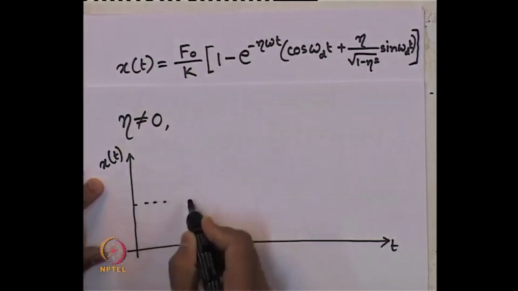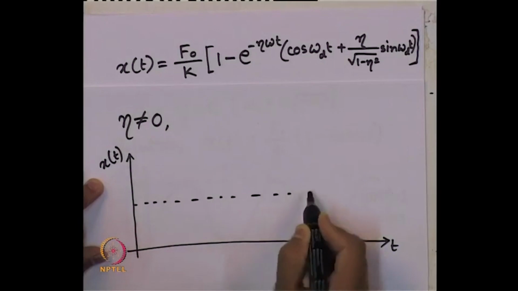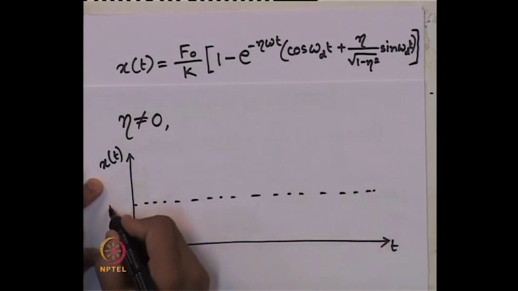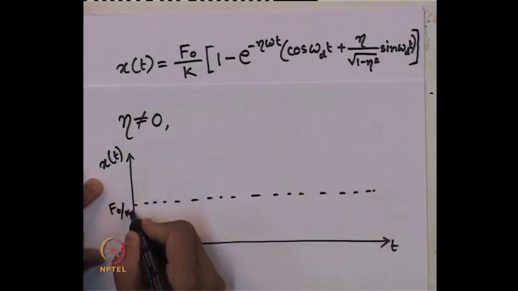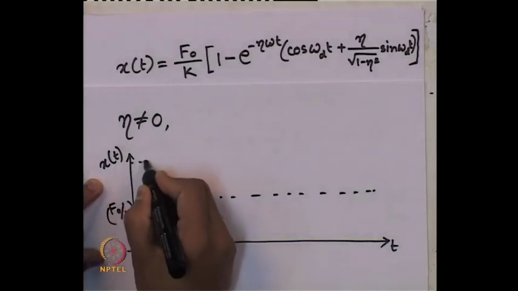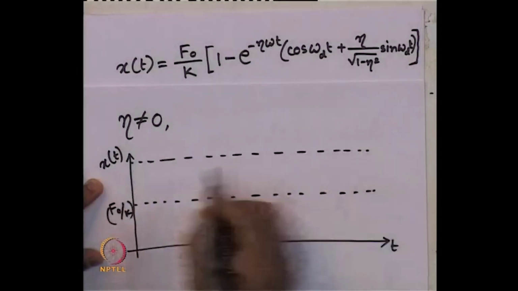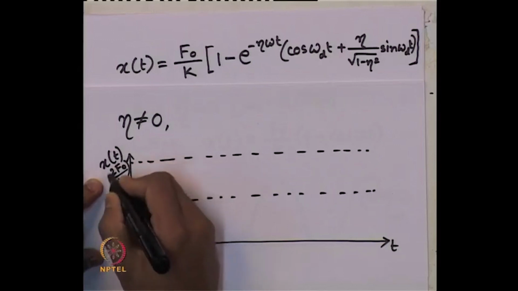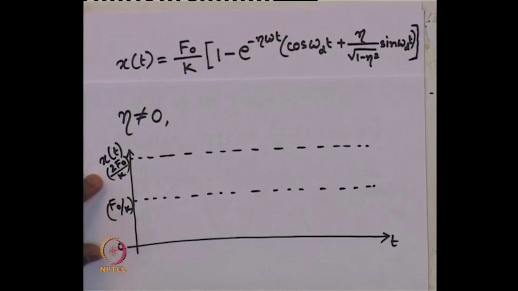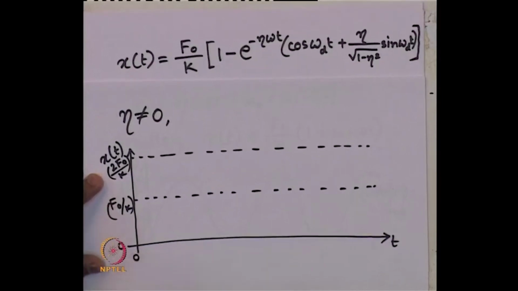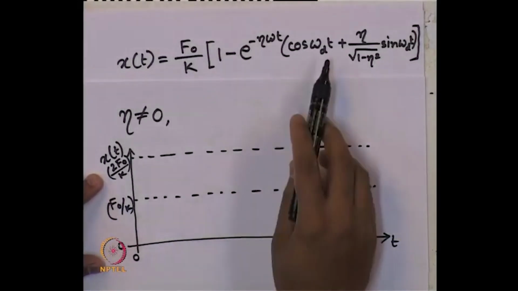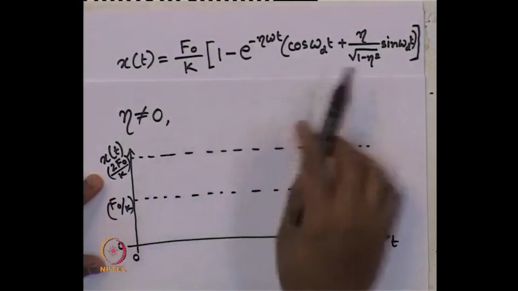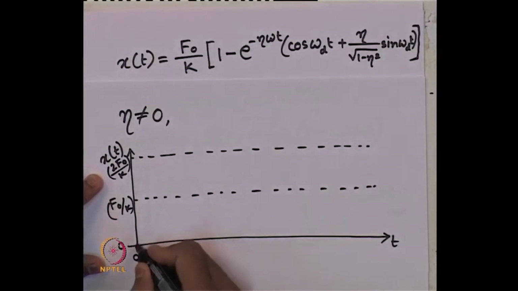So, let us draw that line, which is equals to f naught by k, and let us draw another line here. Earlier for undamped case, we got 2 f naught by k as the maximum value. This is the 0 line, and this is t equals to 0. When t equals to 0, it should start again from the origin 0, 0 value.